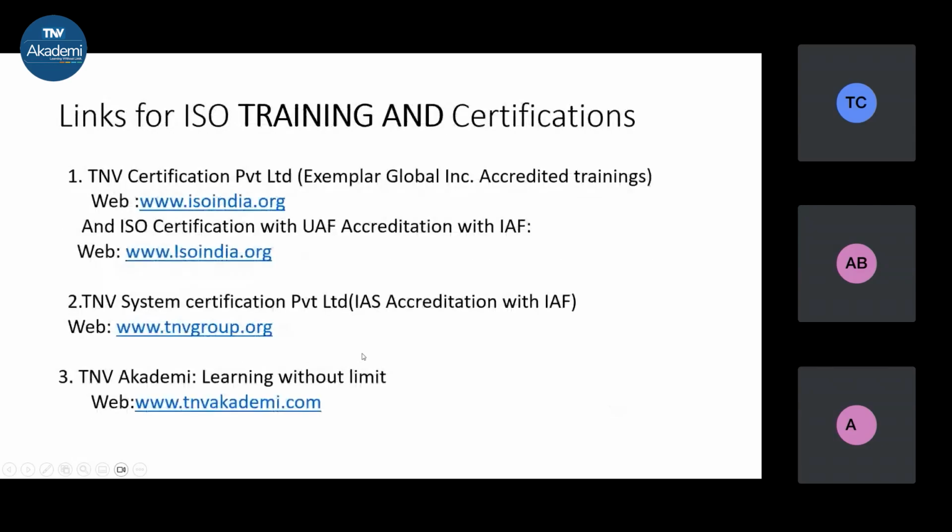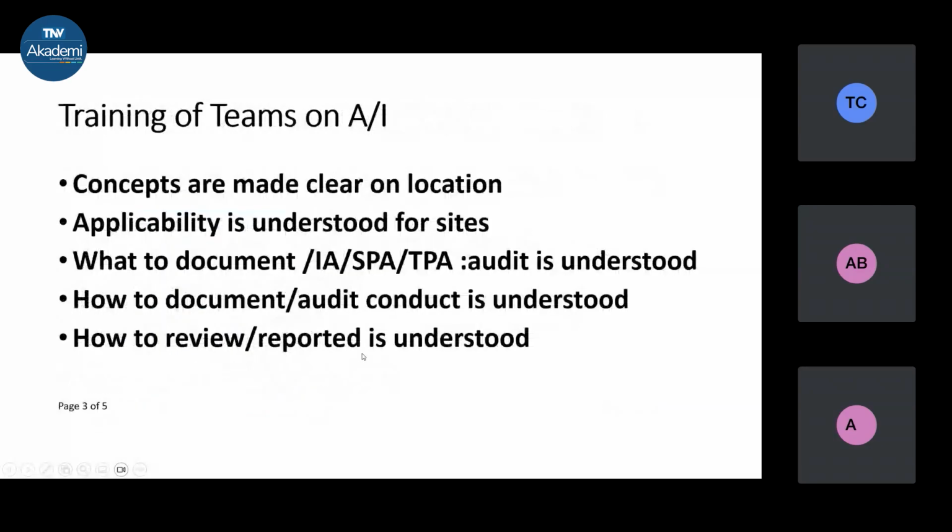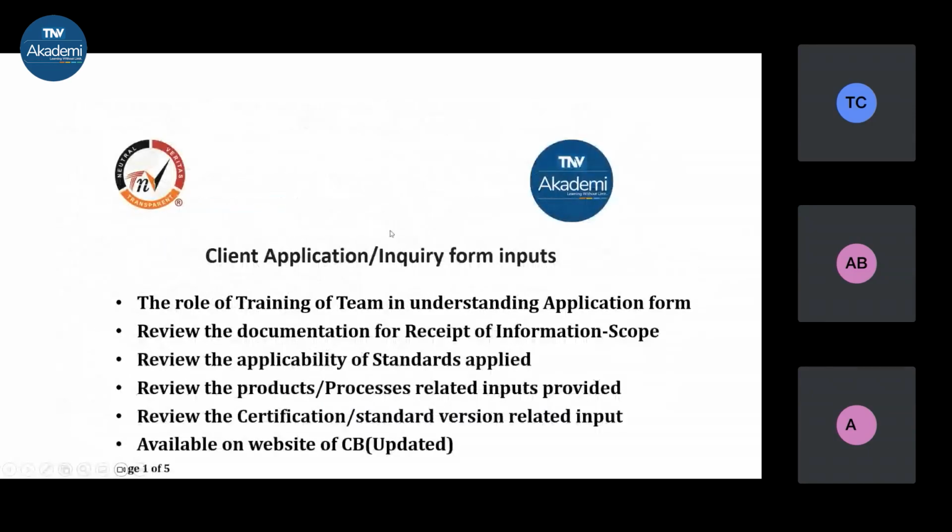And then the certification. So this is the base for the starting of the certification process. There will be a client agreement also later on. We'll discuss that. That is also linked to the application. But for the time being, this is what I have covered.